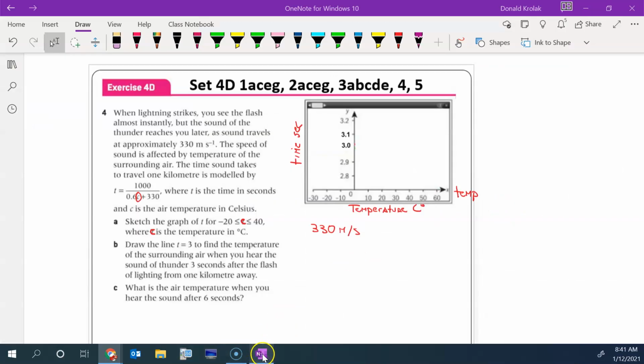So we went back to our graph here. This was 3, and then at 60, it was just a little bit under 3. So even though there's a curve to this, since we're so zoomed in, it looks almost like a straight line. But there's actually a little curve to it. We can't see the curve because we're so zoomed in.